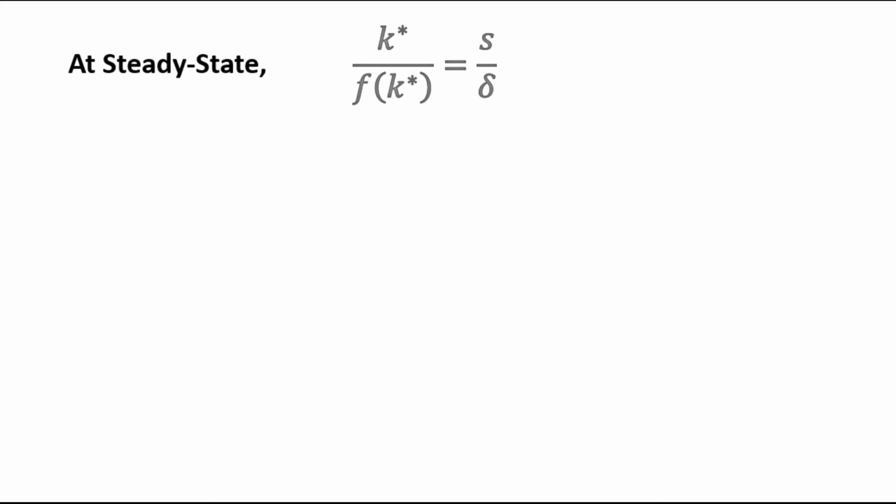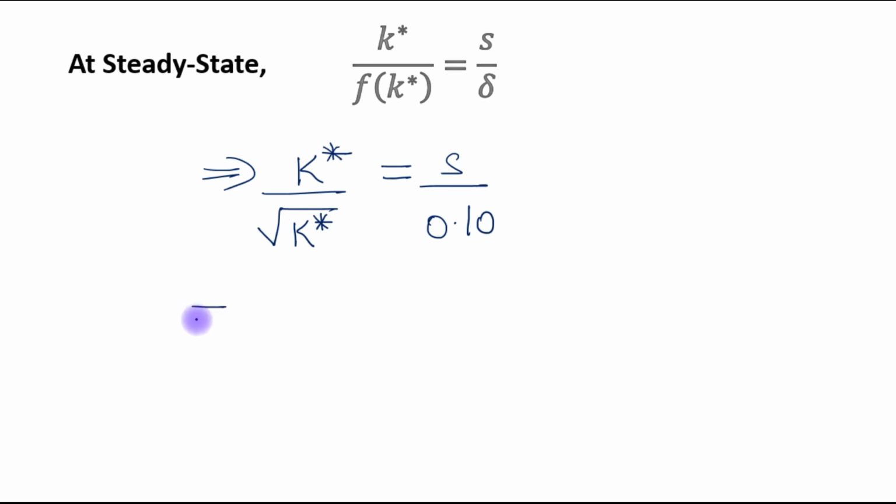So in the next step, we can write k star upon f of k star. So this will be written as k star under root k star, because f of k was root k, equals s, that is our saving rate, upon delta, which is already given in the question as 0.10.